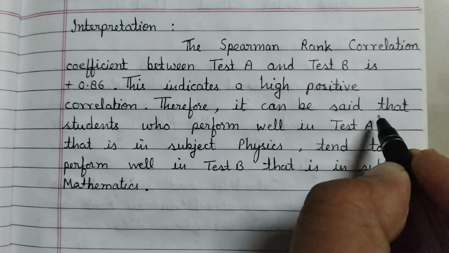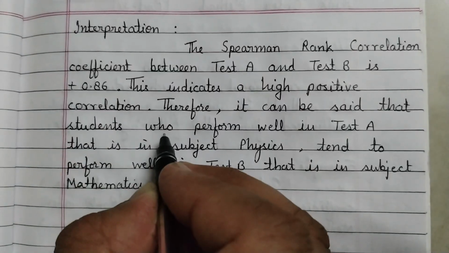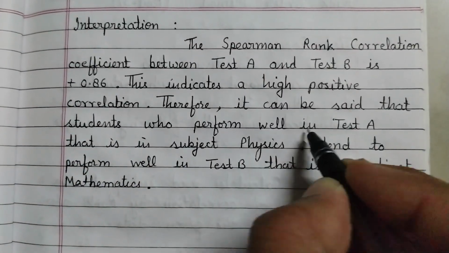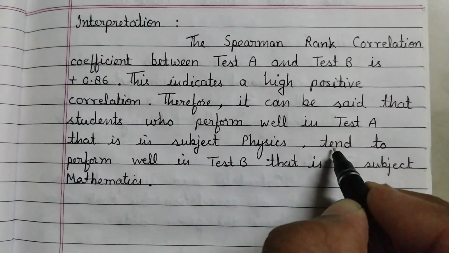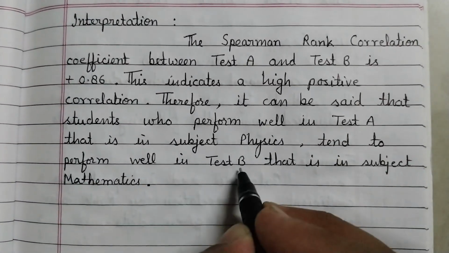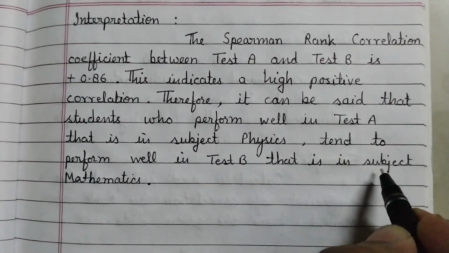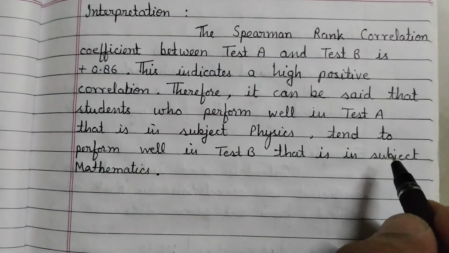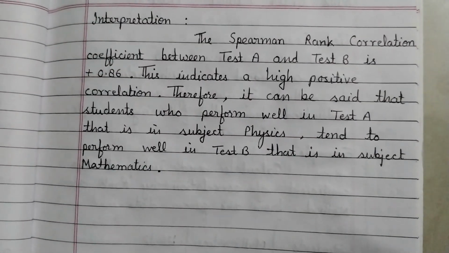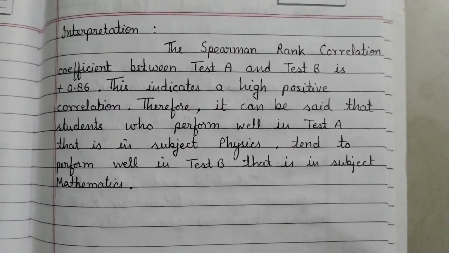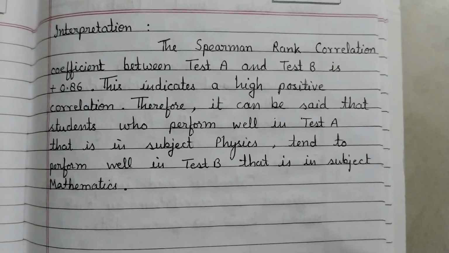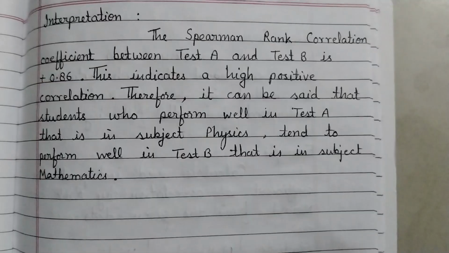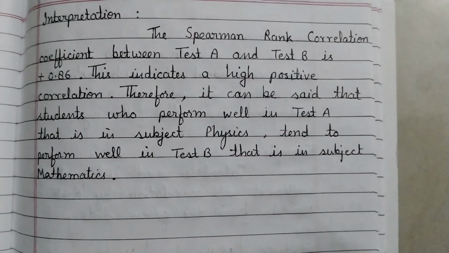Therefore, it can be said that students who perform well in test A, that is physics, tend to perform well in test B, that is mathematics. Very simply, the students scoring good marks in physics are also scoring good marks in mathematics, and that's why such high correlation is observed.